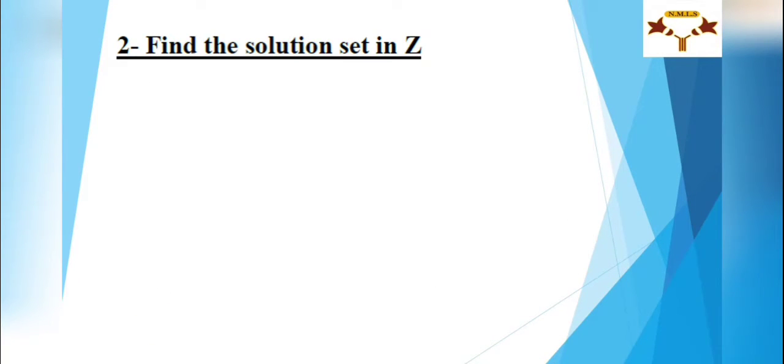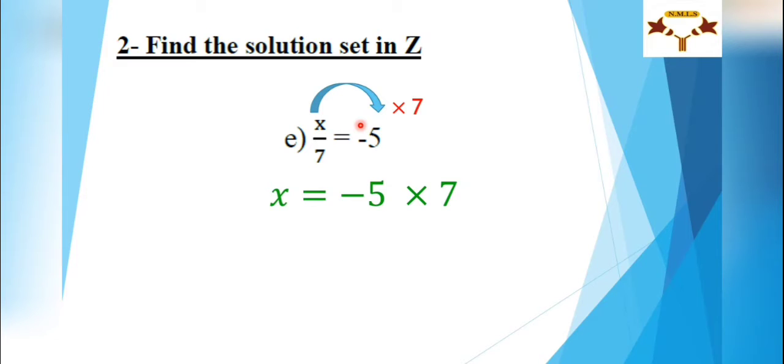Another exercise, page 43. Find the solution set in Z. x over 7 equal negative 5. Here I want the x to stand alone on this side. The 7 is in relation with the x by division, so the 7 will go to the other side by multiplication.